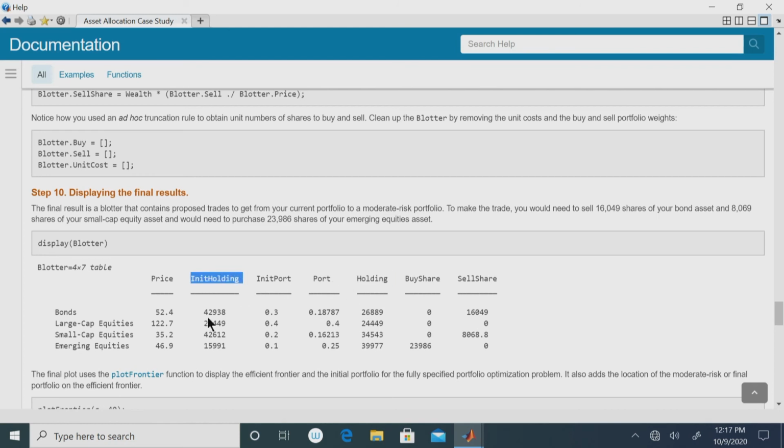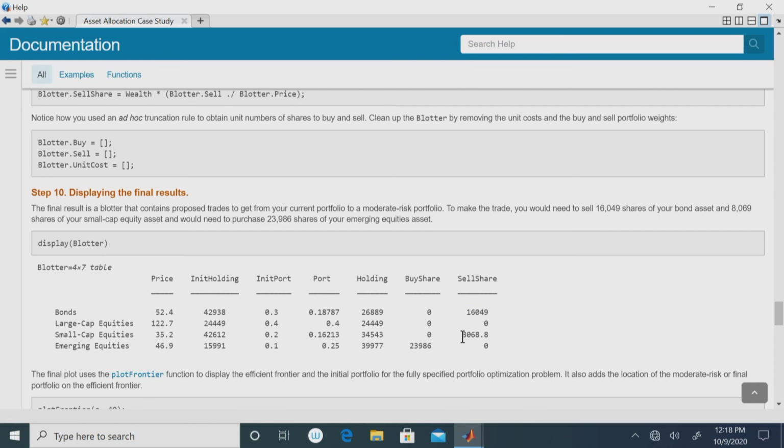That means the number of units of the bonds that you had, which was 42938, now reduces to 26889. And so, this means that there is a reduction in the share. If you look very carefully, the difference between 42938 and 26889 ends up being the number of units of shares that you have to sell. Of course, there is no buying. As before, for the large cap equities, there is no change in the number of units, and in the third case, this is the number of shares that you have to sell.